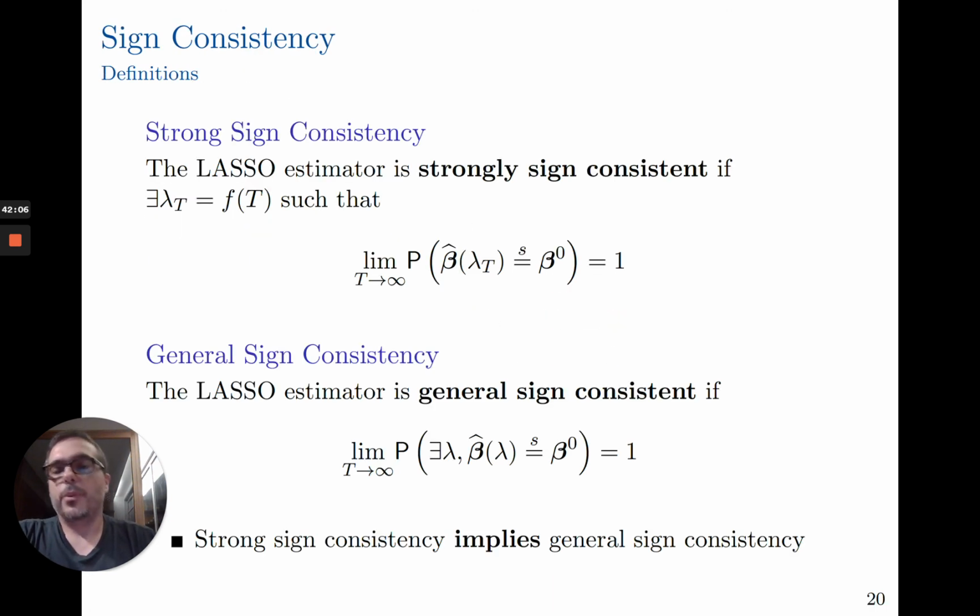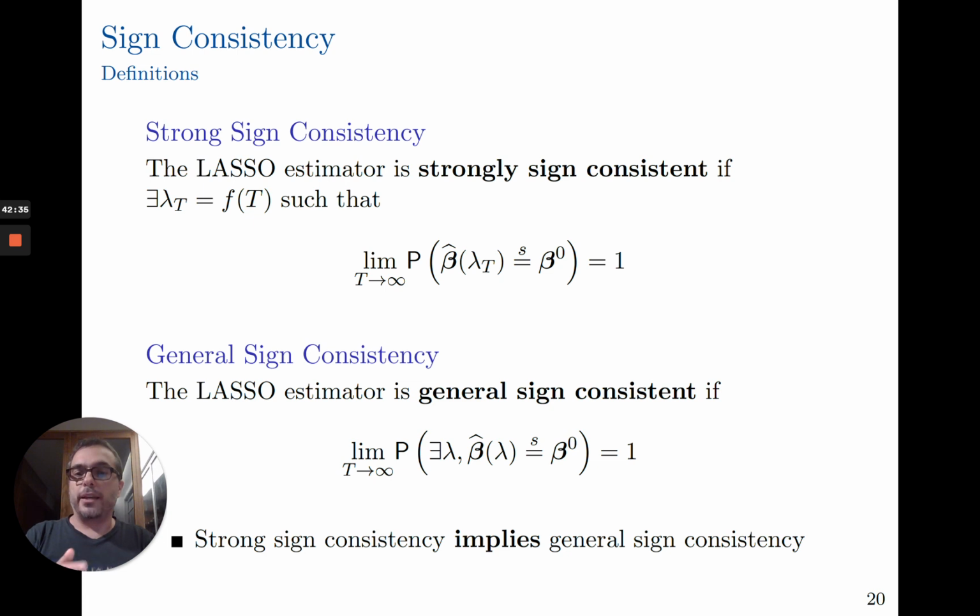And we say that the lasso will be strongly sign consistent if the limit of the probability of beta hat equals in sign to beta, so the sign function of beta hat is equal to the sign function of beta naught, if this probability equals 1 in the limit. For general sign consistency, we say that there is a lambda that will make this probability converge to 1. Okay?